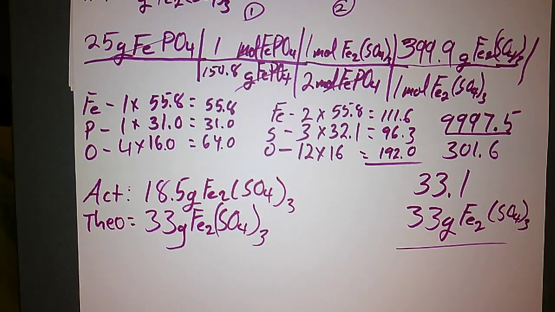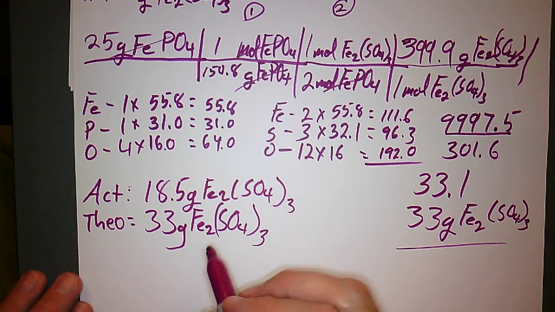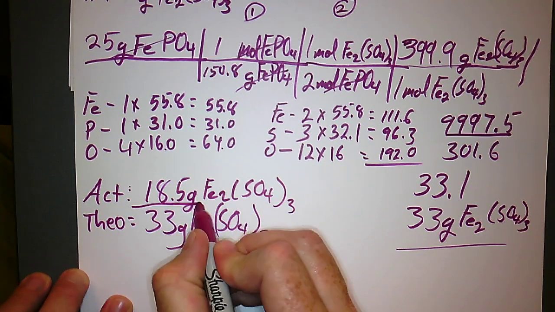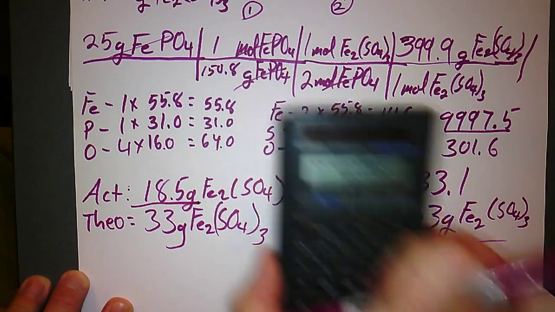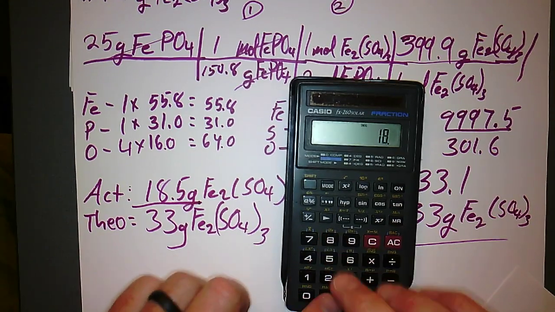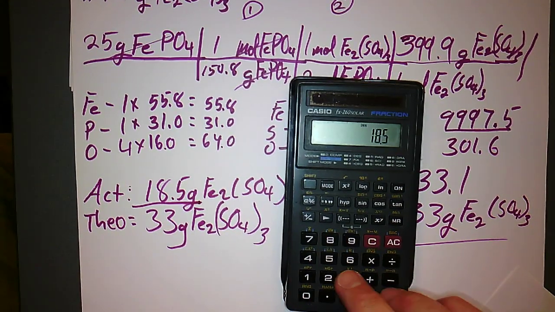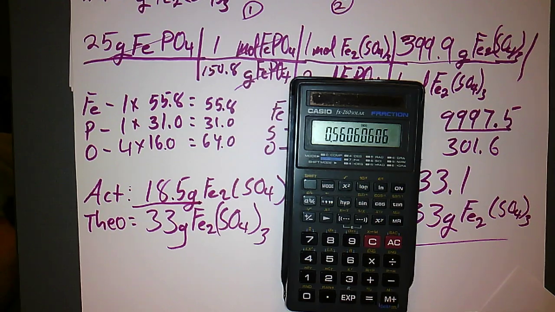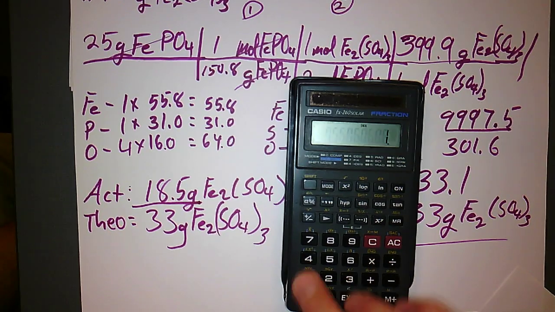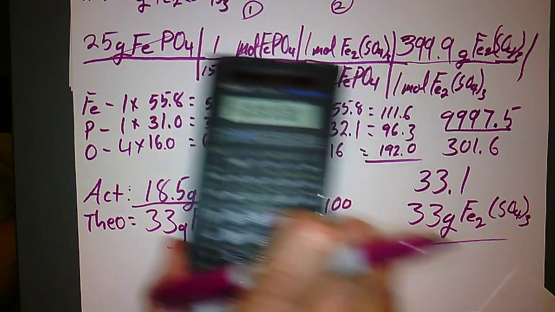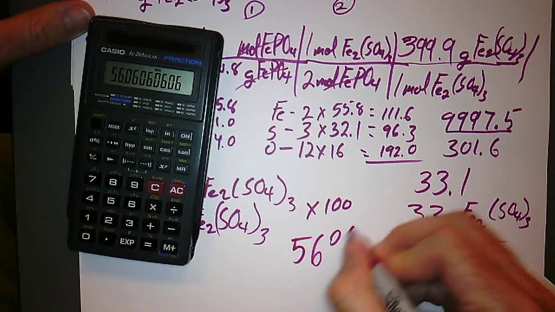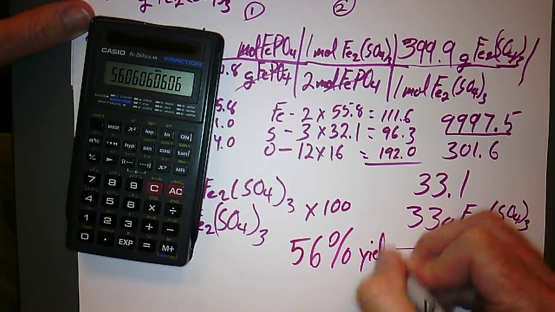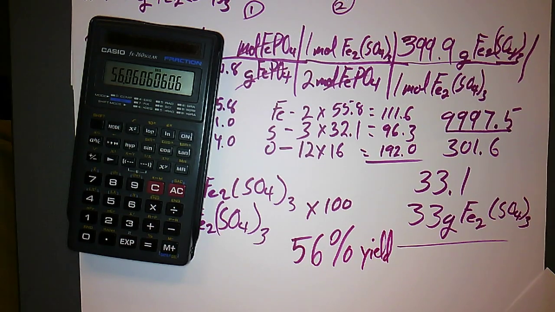Okay, so all we have to do is take this divided by this times 100, and that will give me my percent yield. So 18.5 divided by 33 equals that times 100 equals 56% yield, or just 56%.